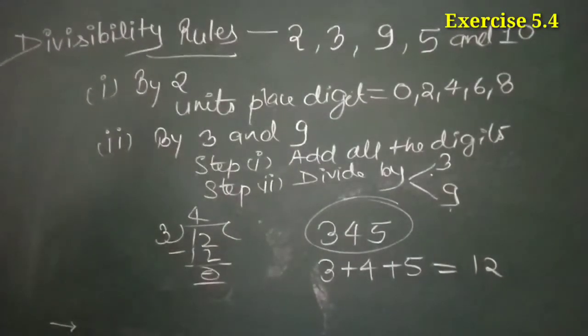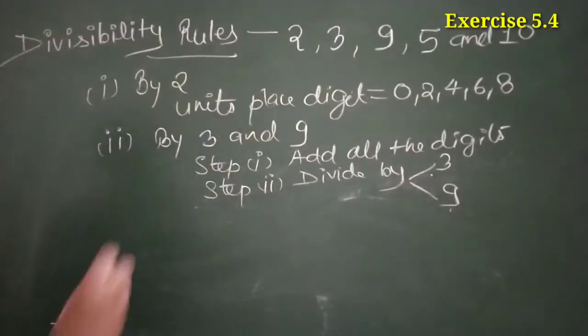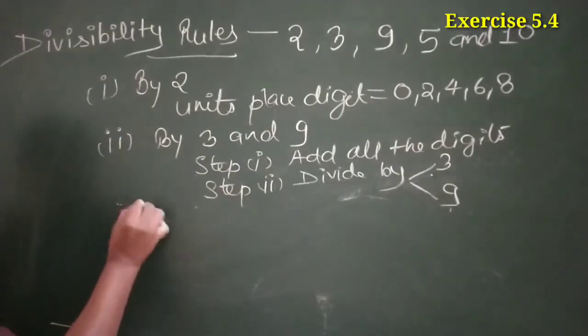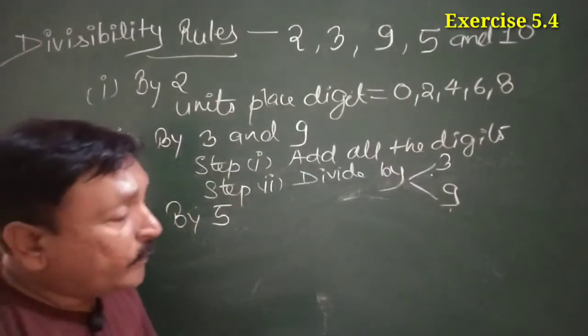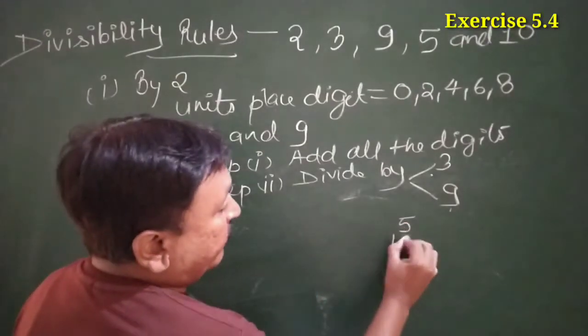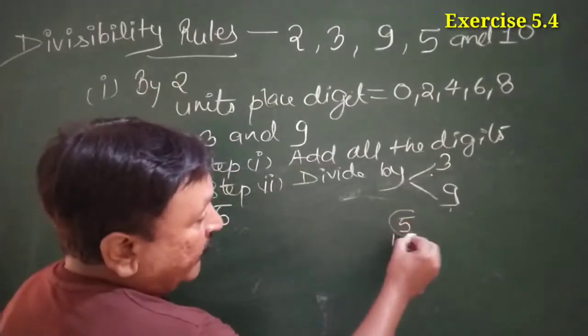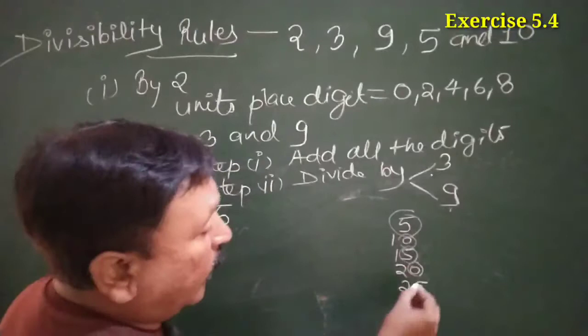Now, this was by 3. Now see by 5 and 10. First, by 5. If you see the table of 5: 5, 10, 15, 20, 25, which digit is coming at the unit place? Either 0 or 5.